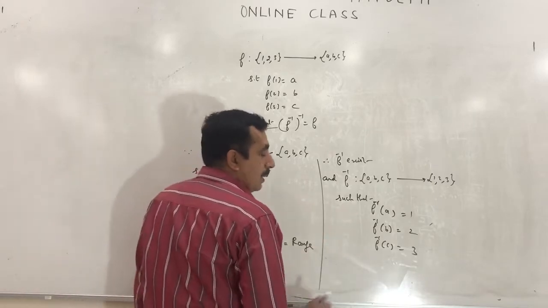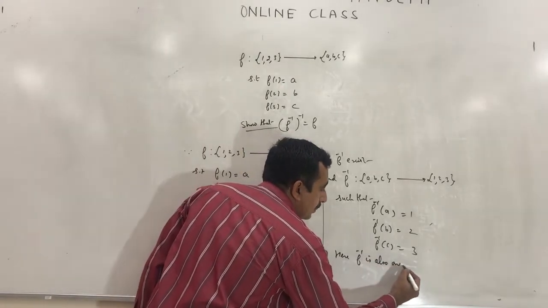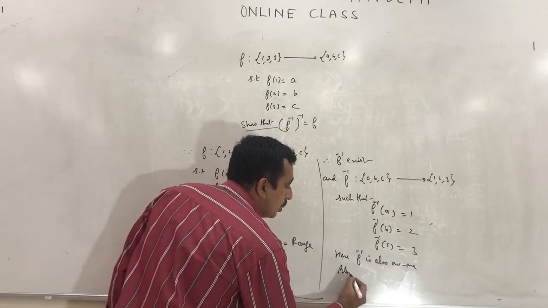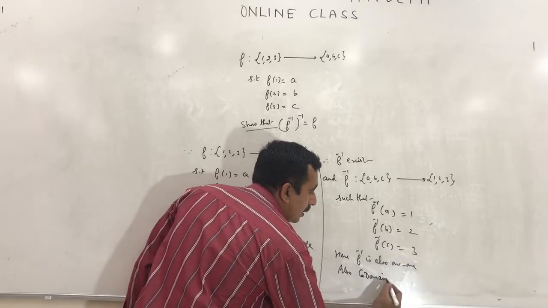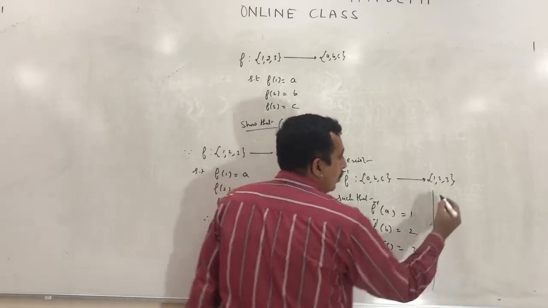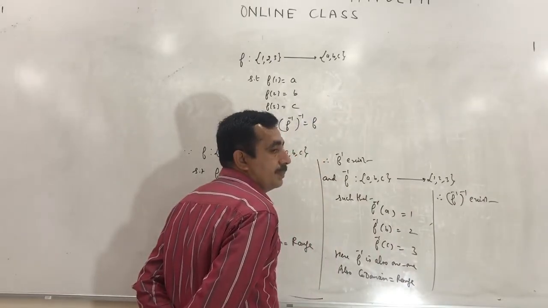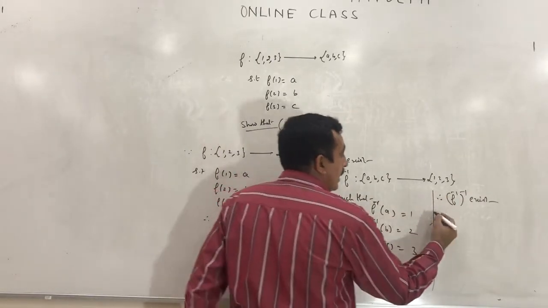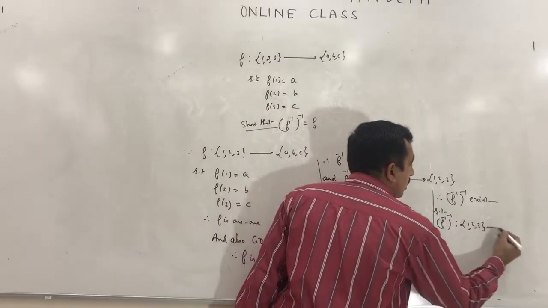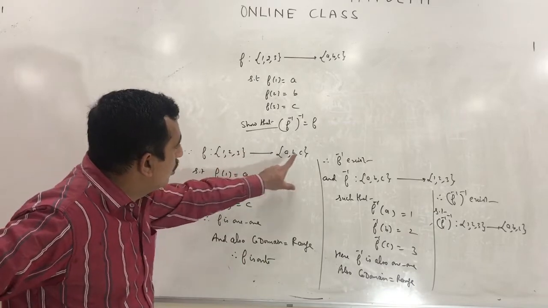Now see here. Here f inverse is also one-one, because every number has a distinct answer. And also codomain is equal to range here. And therefore f inverse exists, so its inverse also exists. f is from {1, 2, 3} to {A, B, C}.